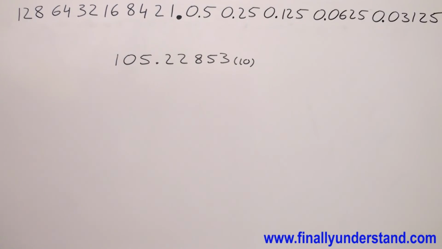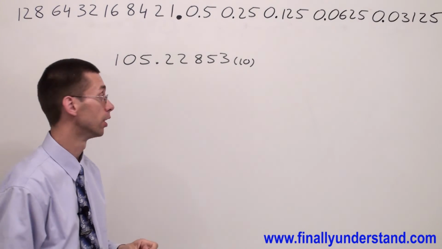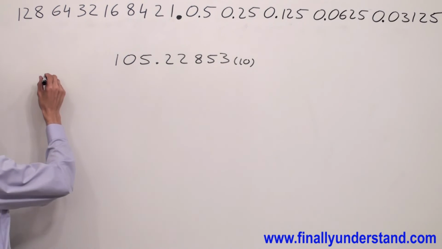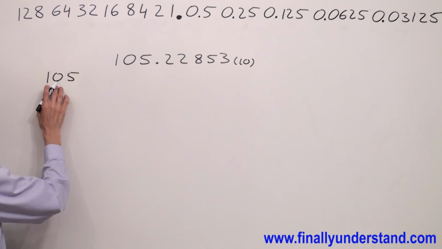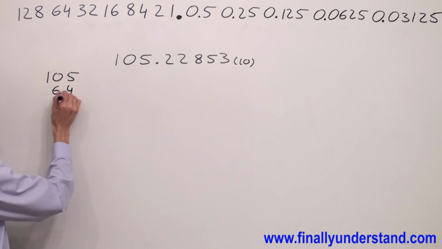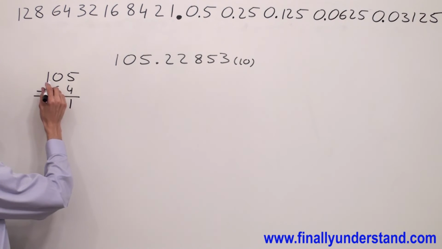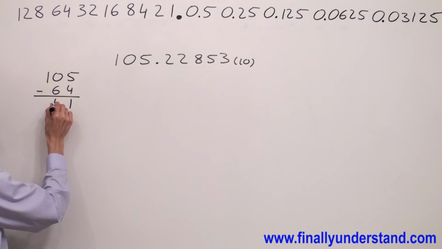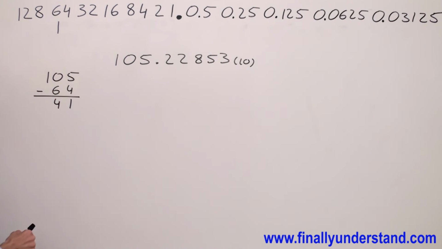Let's take a look at the board. Again, we're supposed to convert the whole part first. So that's why I'm going to write 105, and the highest weight which you can subtract from 105 is 64. 5 minus 4 is 1, 10 minus 6 is 4. That's why I'm going to mark 64 by 1 because I subtract 64, I use that.